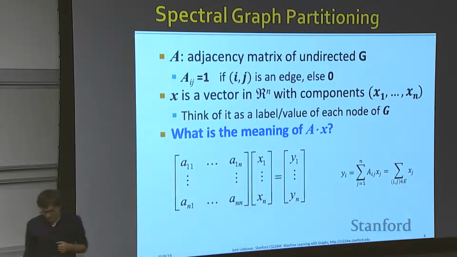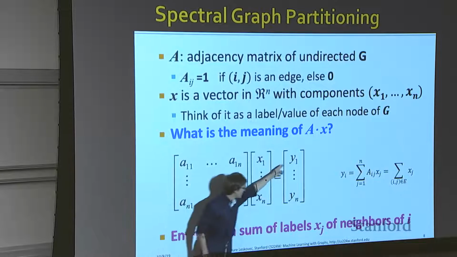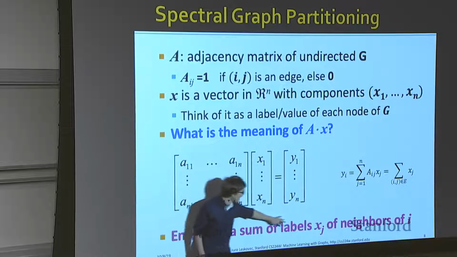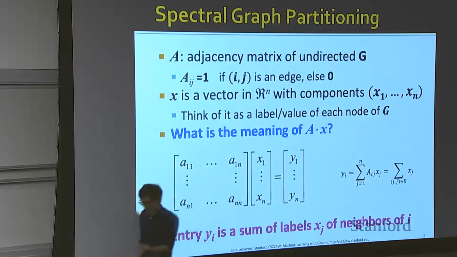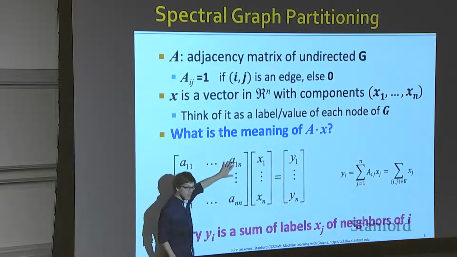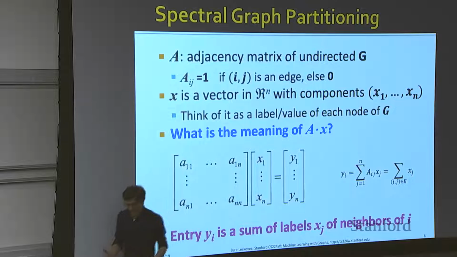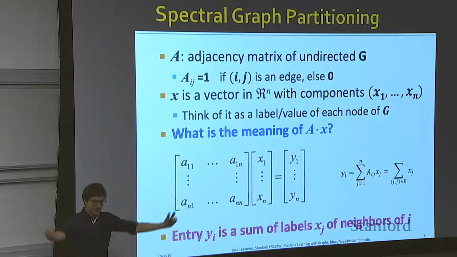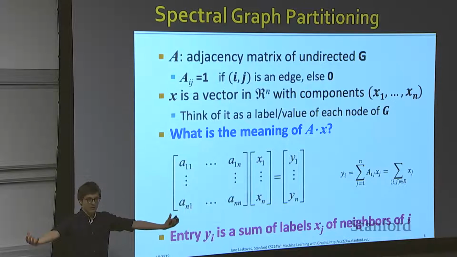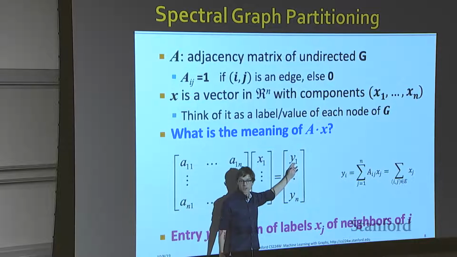What we learn is that the entry yi here is simply a sum of the labels xj of neighbors j of node i. In other words, if I take the adjacency matrix and multiply it with a vector, then essentially I ask every node: take the values x of your neighbors and sum them together, and that will be stored here.